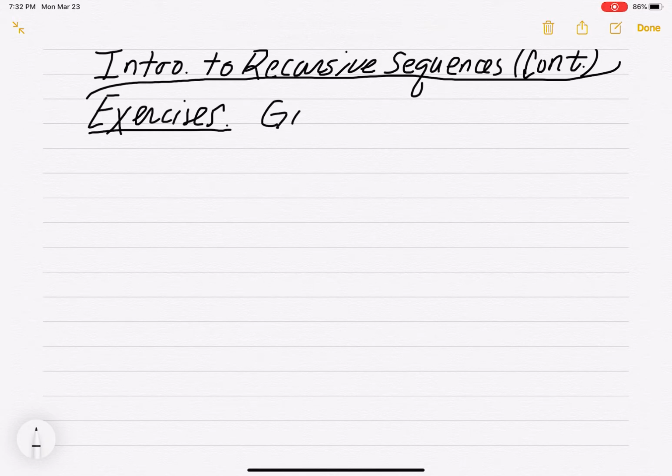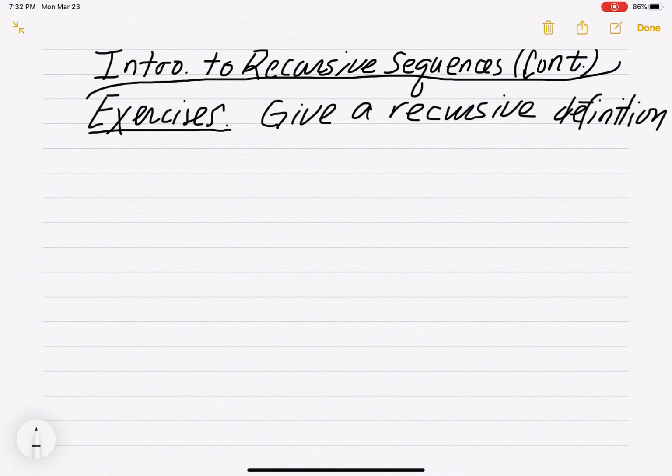Give a recursive definition for the sequence a sub n.